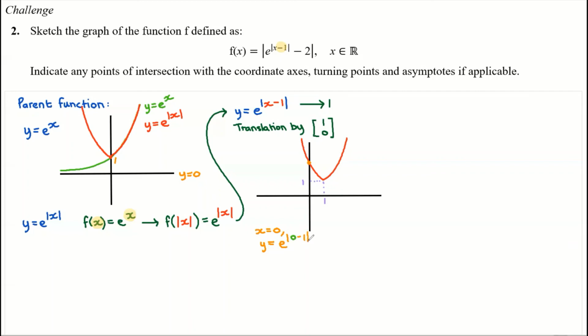Okay, so in other words, which equals e to the modulus of -1, and the modulus of -1 is just 1, so it's just going to be e to the power 1, which is just e. So that is e, about 2.71.